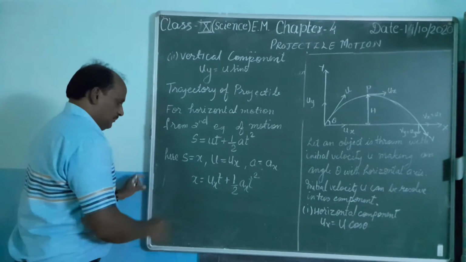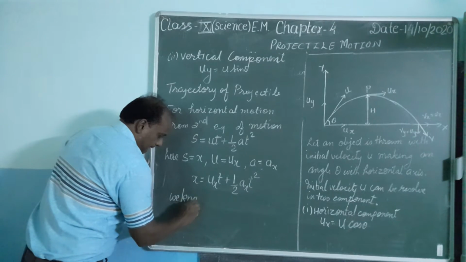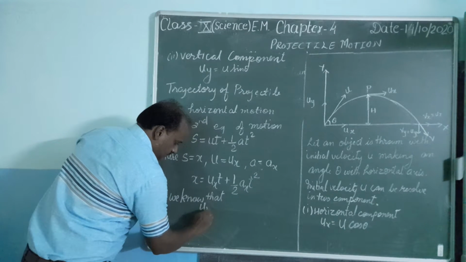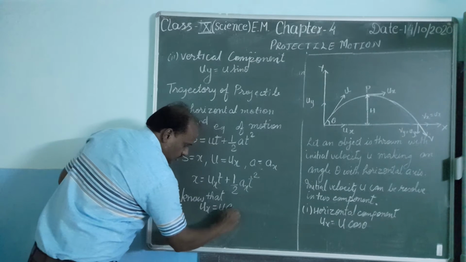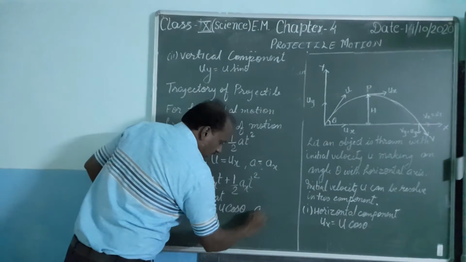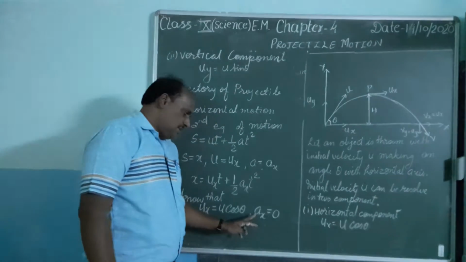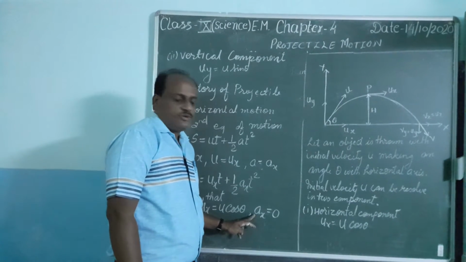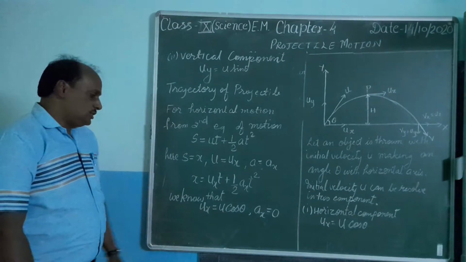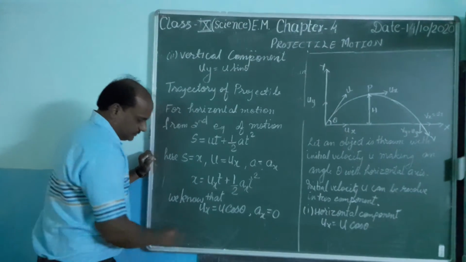We know that ux equals u cos theta and ax will be equal to 0. Ax, that is acceleration in the direction of the x-axis, the horizontal component of acceleration, will be 0. We substitute the values.